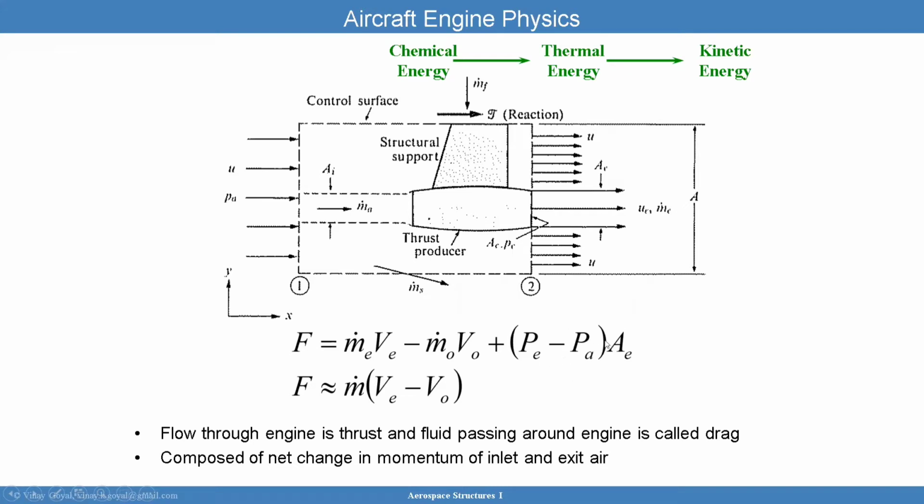This term tends to be fairly small, so you're left with m dot times VE minus V naught. The flow through the engine is thrust, and fluid that passes around the engine is drag, composed of the net change in momentum of the inlet and exit air. So this is what we got in this situation.